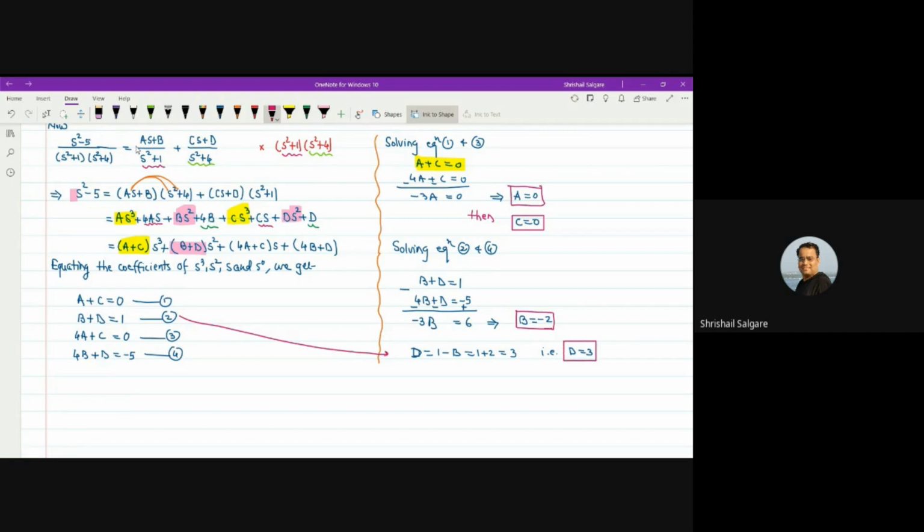Therefore, from this step I will write the inverse Laplace transform by substituting the values.